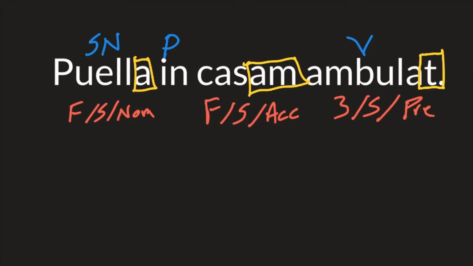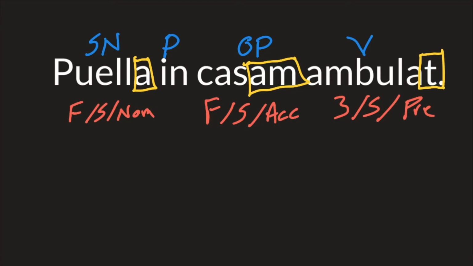And the accusative following a preposition is still an object, but it's no longer a direct object. It is instead the object of the preposition. So think of the accusative case as the case of the object. By itself, it's the direct object, but following a preposition, it will be the object of that preposition. So now we've gone through steps 1 through 3. We found our verb, we parsed it, we parsed everything else, we've labeled everything.